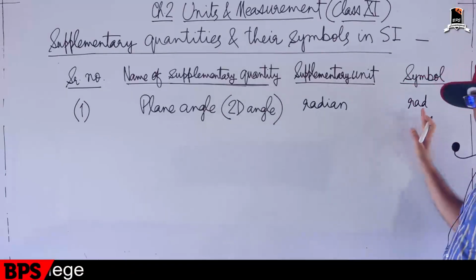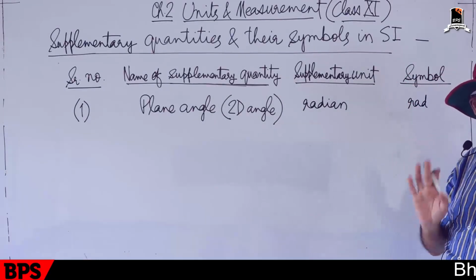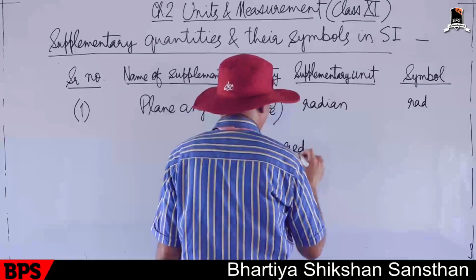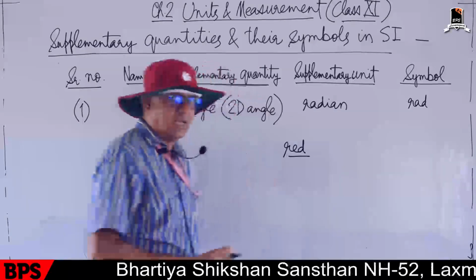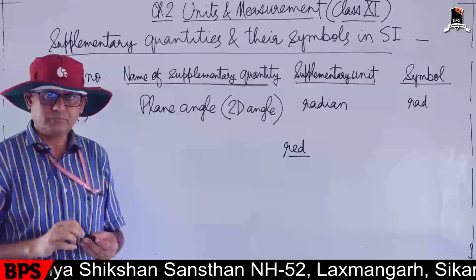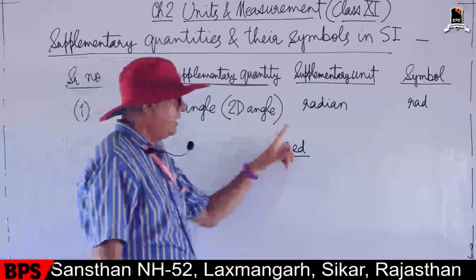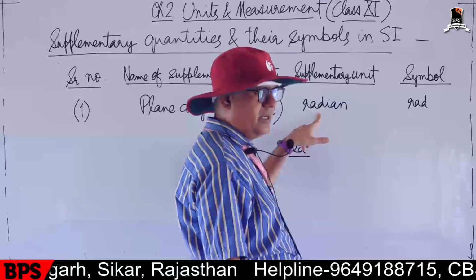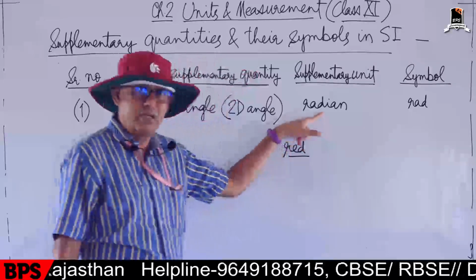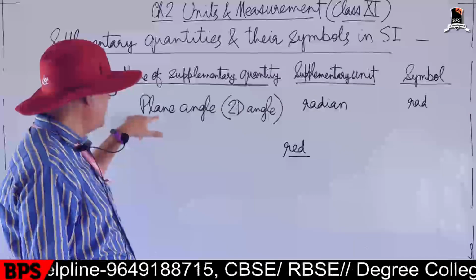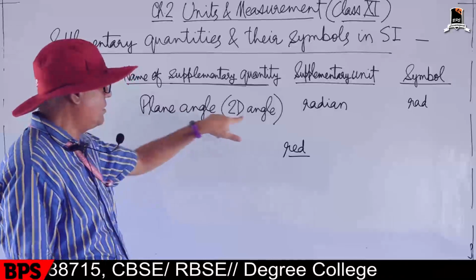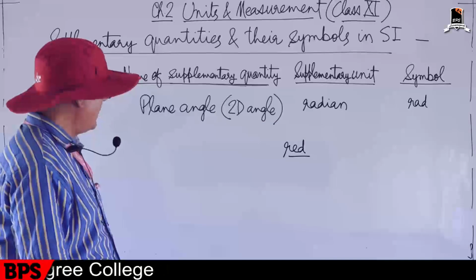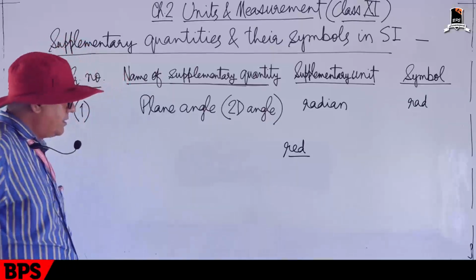Remember that it is RAD, it is not RED. RED is a color, red color, but it is RAD, stands for radian. Radian is a unit adopted in the SI unit system for plane or two-dimensional angles. Getting it?